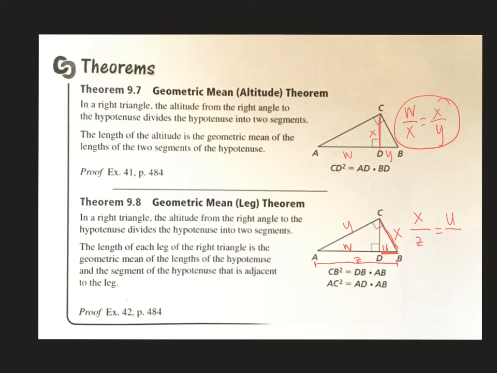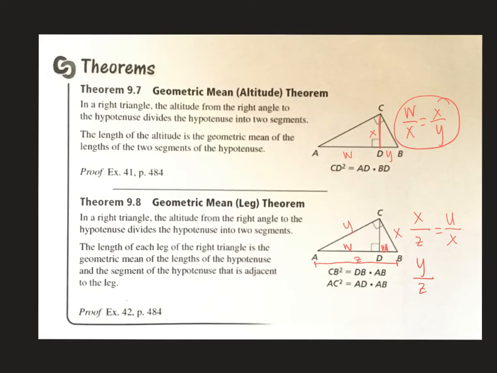Or for the other leg, if we're looking to solve for Y, it would be the long leg over my whole hypotenuse, so Y over Z. Now we're going to ignore the smaller triangle on the right because we just need to use the smaller triangle that still has Y in it.